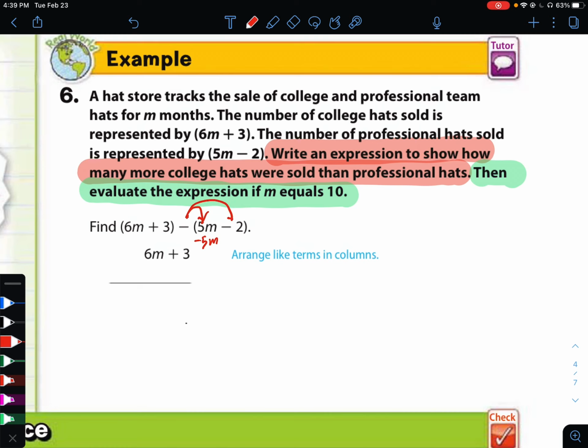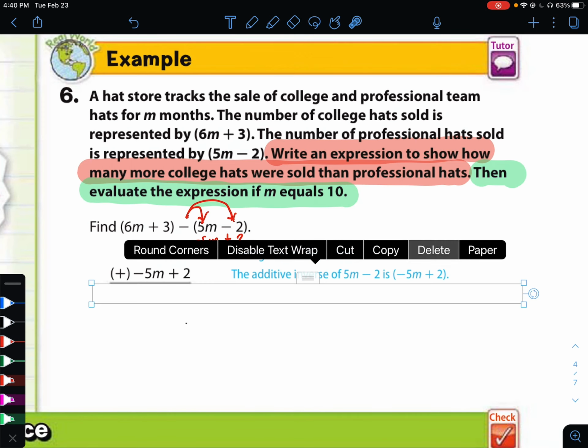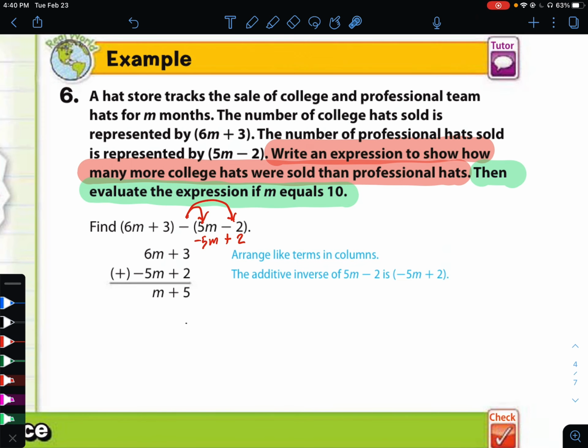Negative 1 times negative 2 will become positive 2. So the additive inverse will be negative 5m plus 2. So that's exactly what we are adding here. We know that 6m minus 5m, they're like terms. We know that that's m. 3 plus 2 is 5. So the expression now is m plus 5.